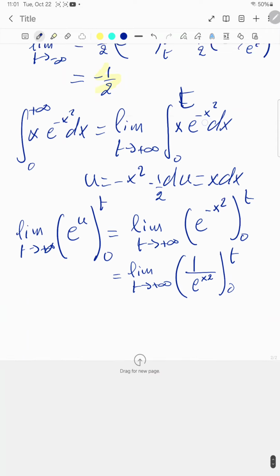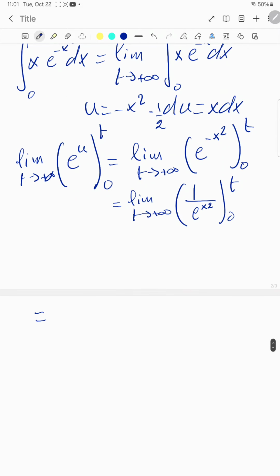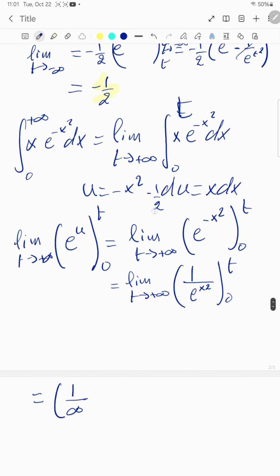So the first term, when t goes to infinity, is equal to 1 divided by infinity. And there is minus 1/2 here, the same logic as before.